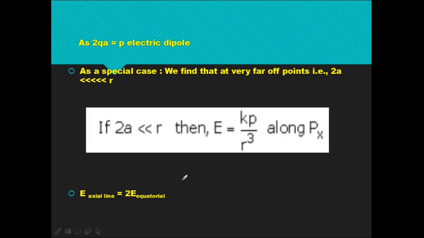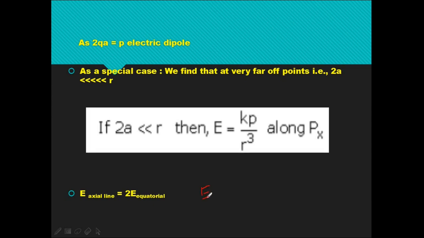Now we know the value of the electric field on the equatorial line is E is equal to Kp over R square plus A square raised to power 3 by 2. And our last expression is the electric field on the axial line.